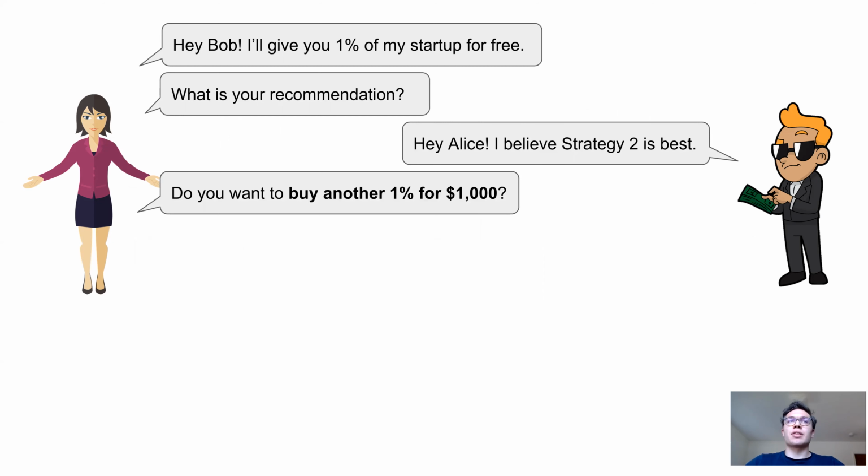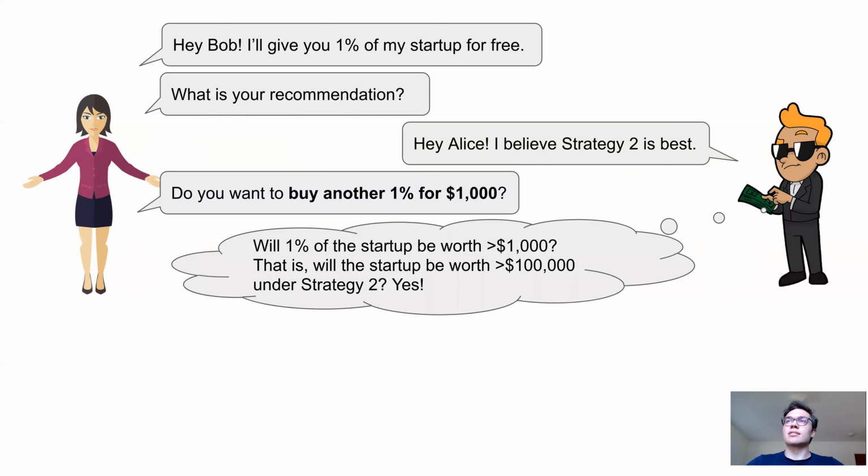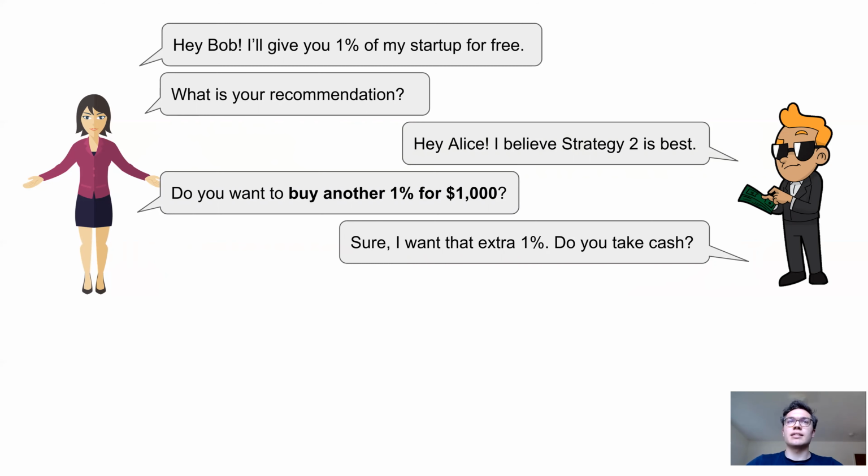But now Alice further asks whether Bob wants to buy another 1% in the startup for $1,000. To answer this question, Bob will ask himself whether the startup will be worth at least $100,000 under the recommended strategy 2. And let's say the answer here is yes. Then he accepts the offer.